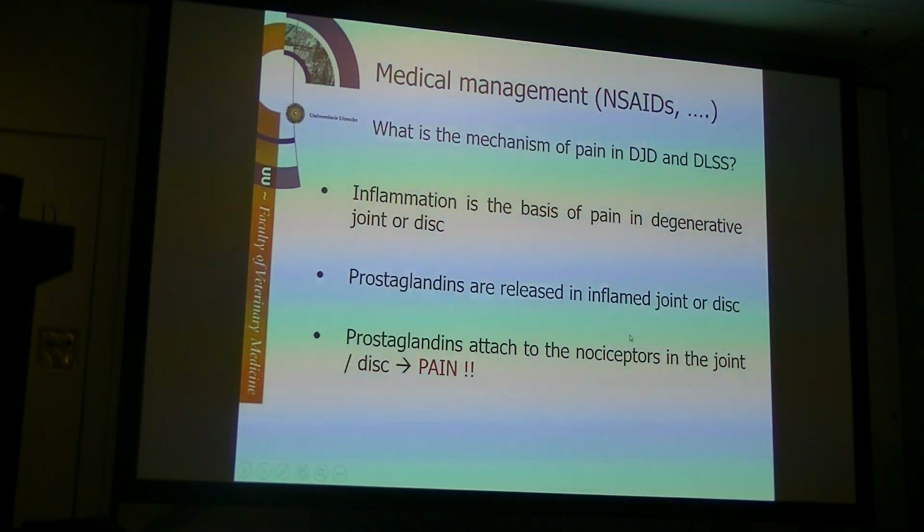So the pain that comes from dogs with low back pain is essentially the same pain that comes from degenerated joints. It all is about inflammation and about cytokines that are released in the joint space or the disc space or around nerve roots. And cytokines and prostaglandins play a major role in this, in that they irritate or attach to the nociceptors in the joint or in the disc. And that is the cause of the pain.